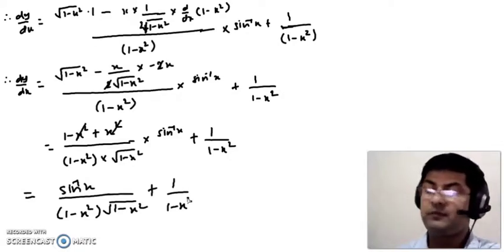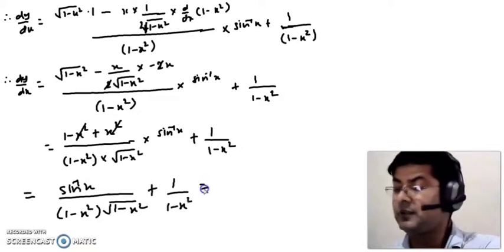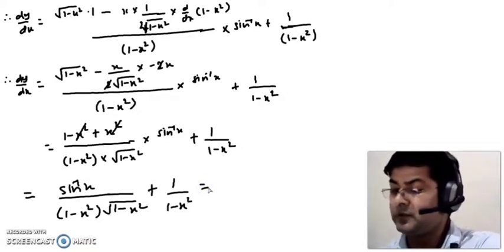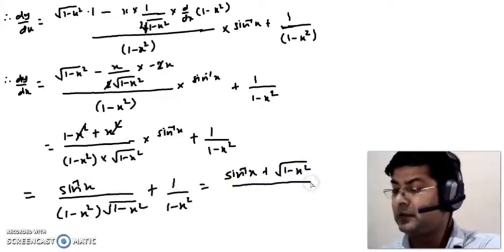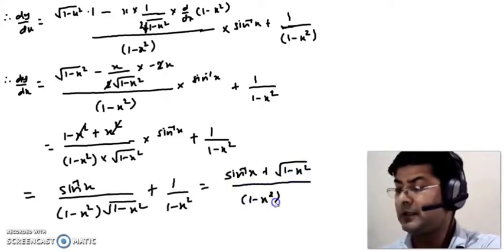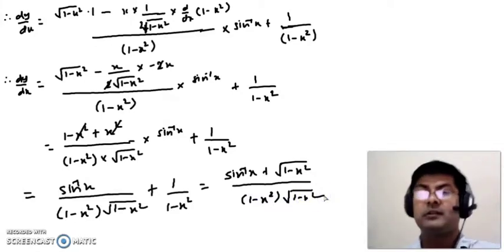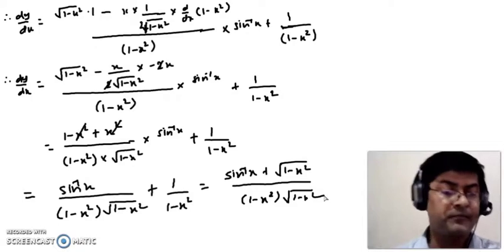In order to simplify, which will be equal to sine inverse x plus square root of 1 minus x square upon 1 minus x square into root of 1 minus x square. This is the final answer.